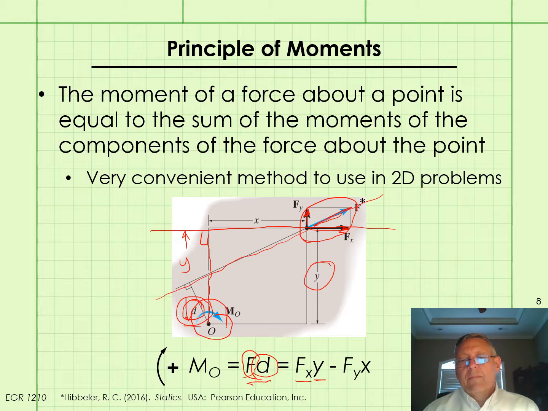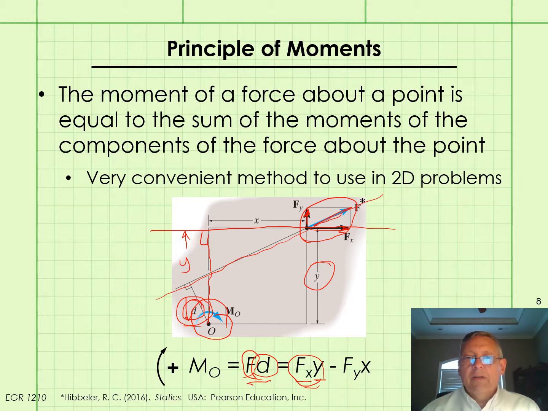Okay. And then in this case, if clockwise moments are positive, this was creating a positive moment about point O.